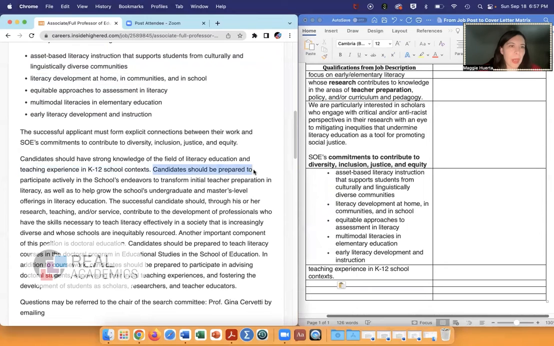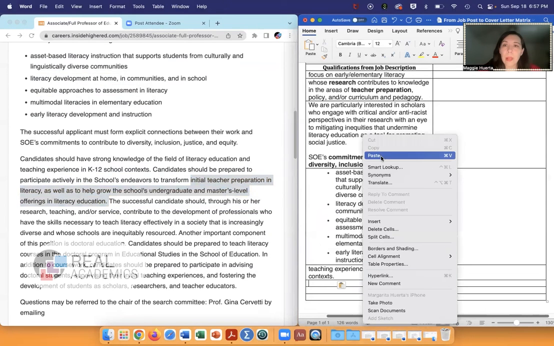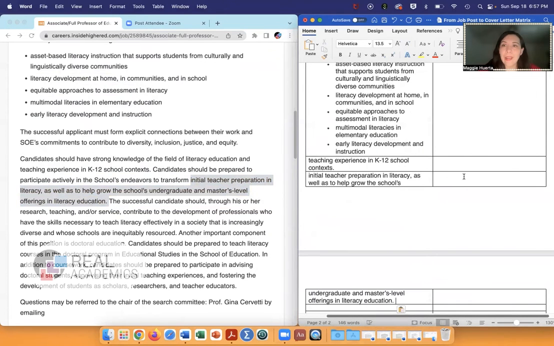Candidates should be prepared to participate actively in the school's endeavors to transform initial teacher preparation in literacy, as well as to help grow the school's undergraduate and master's level offerings. Okay. So that basically means they're wanting program development, right? For their teacher prep program at the undergrad and master's level. So I would write here about my experience doing that.